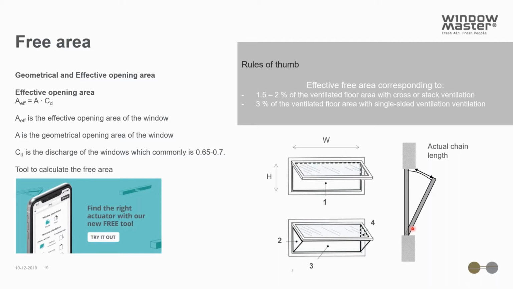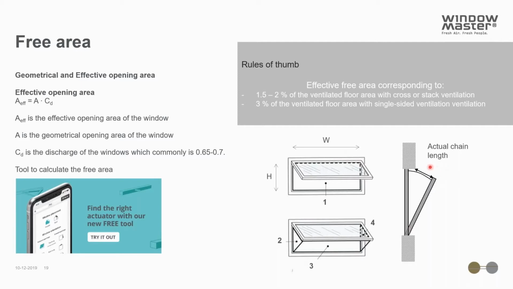This discharge coefficient will vary a little bit based on the window type. But when you're calculating this free area, it's really important to consider the placement of the window in the facade. As you can see on the right picture, you can see an illustration showing an operable window with a chain.